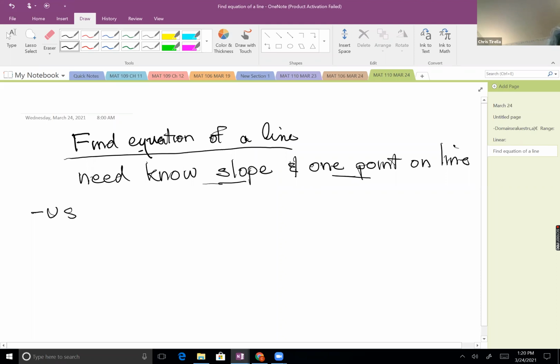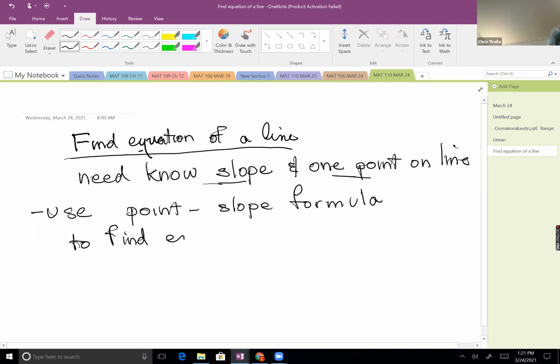And so we're going to use what's called the point slope formula. And so the point slope formula is going to be used to find the equation of a line with a given slope.